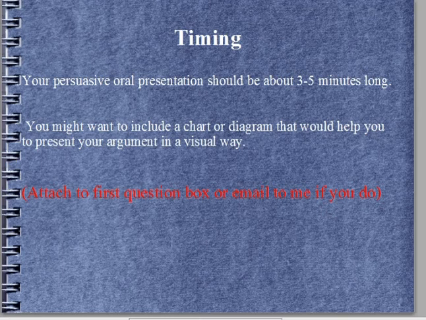And if you do that, you're going to attach that to your first question box in assignment 13 in Odysseyware. Or you can email it to me if you have a chart or a diagram or a picture that helps you to support your opinion.